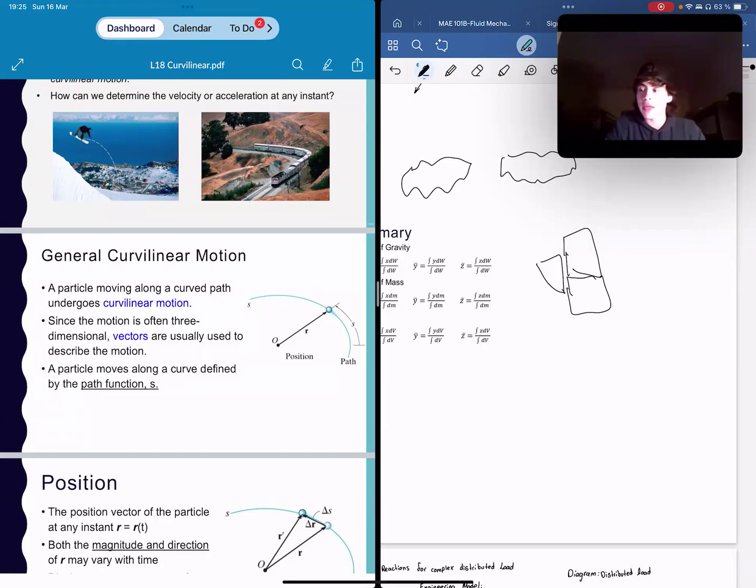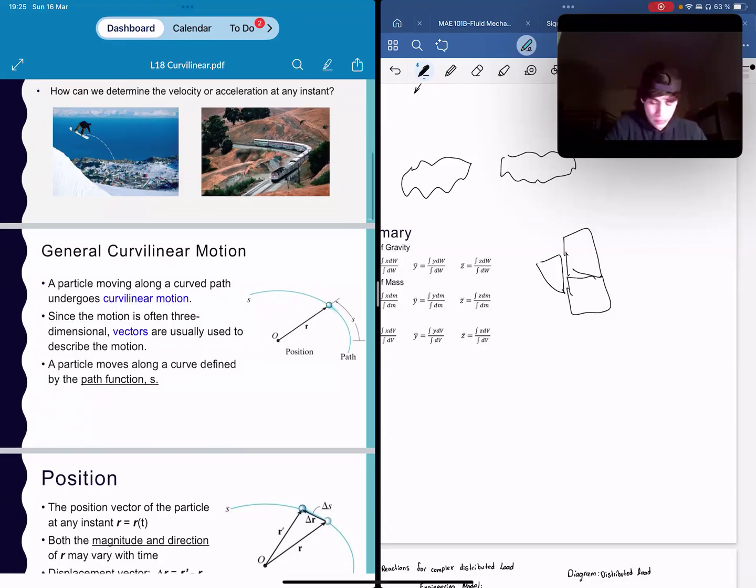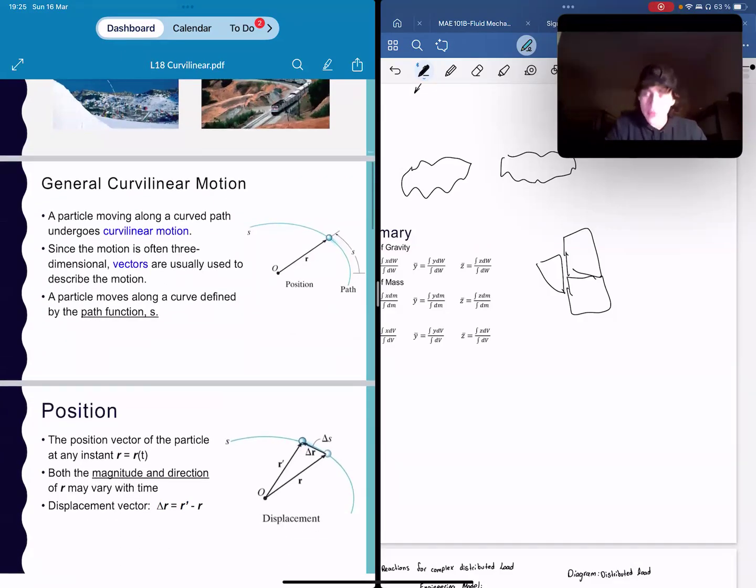Tangential, by definition, a tangent line to a curve is a line that only touches the curve at one point, right? So anything tangential to anything else only touches the line at one point. So tangential acceleration and velocity for a curve.